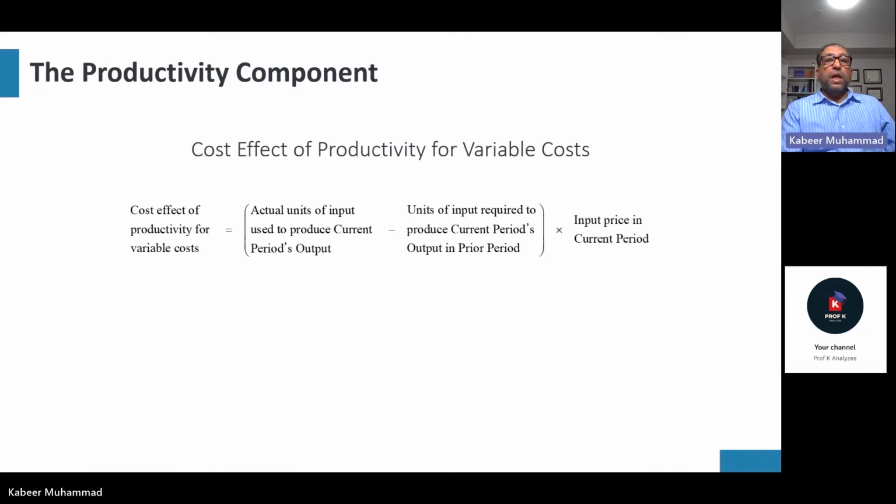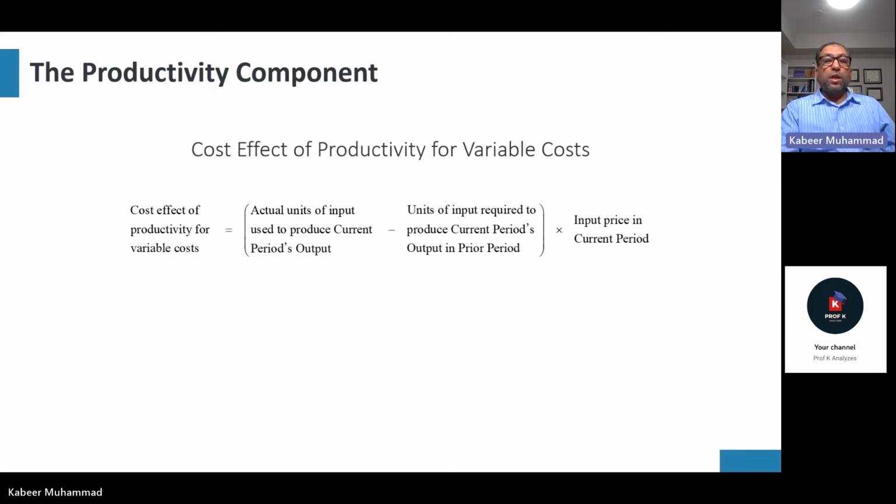The last one is the productivity component. The productivity component is the cost effect of productivity for variable cost. Productivity is not going to affect the growth, but here we see the actual units of input used to produce current period output minus the units of input required to produce current period output in the prior period, times the input prices in the current period.